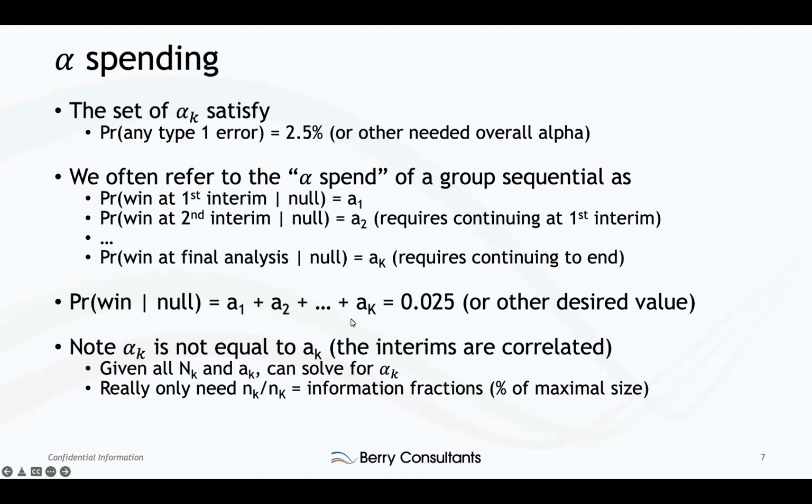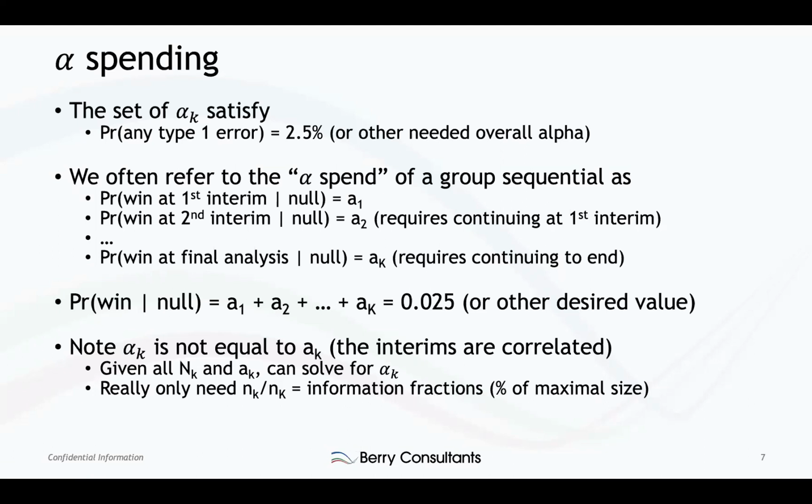Also note that if you're given the interim timings and that alpha spending, you can solve for the alpha K. And a note, I'm not spending a ton of time on the math here, but you really only need the information fractions.